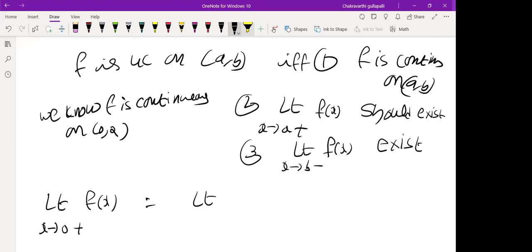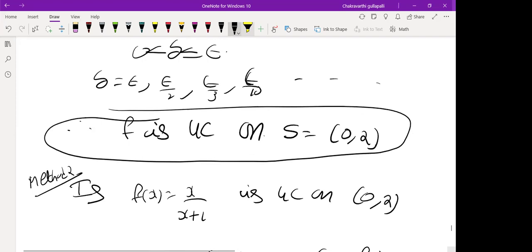What is the meaning of 0+? Greater than 0. When x is greater than 0, what is f(x)? For x greater than 0 and less than 2, the function is this only. There is no break at all.